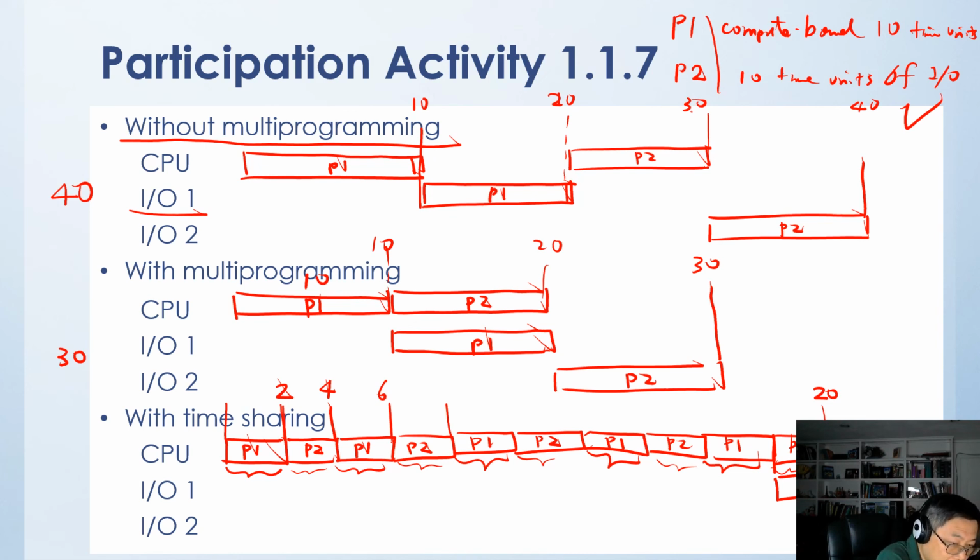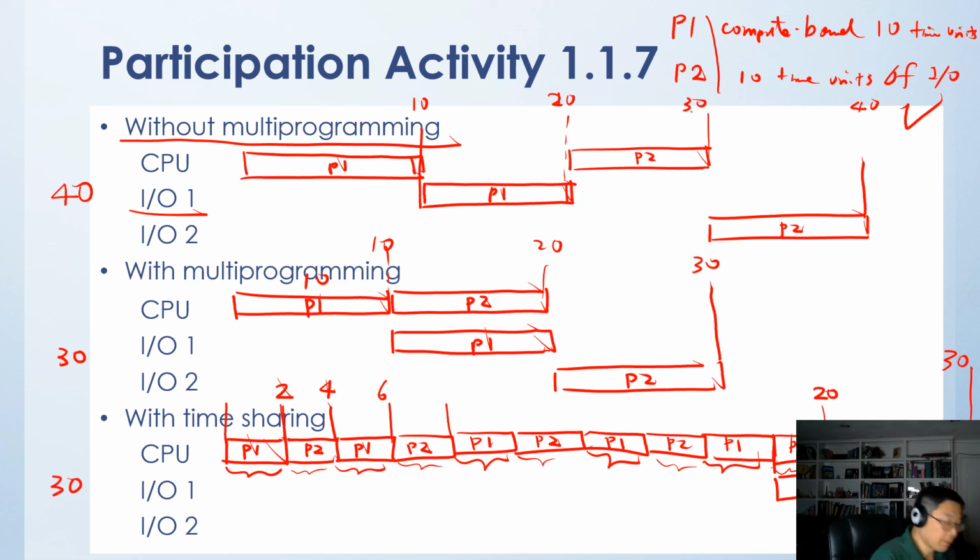The total time is here, because we have to make sure both processes complete the job, the CPU operations and the IO operations. So the IO operation is going to take 10 time units, starting from 20. So it's going to be 30.